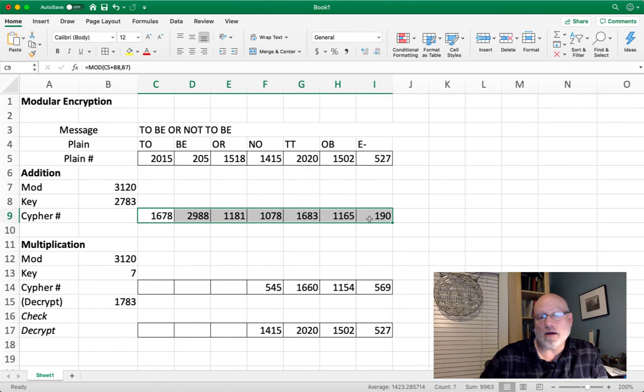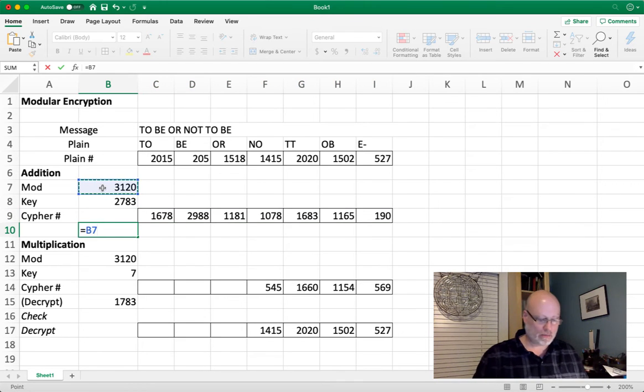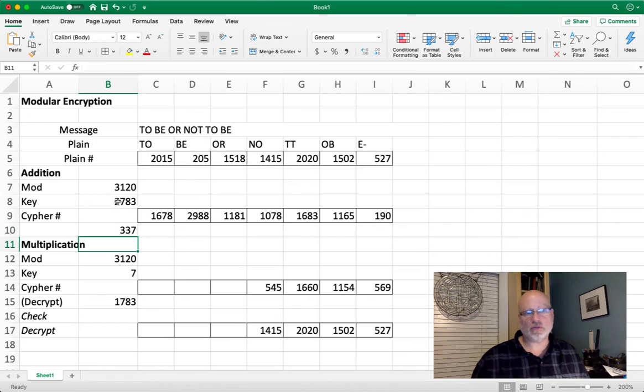Okay? And the way we would decrypt it is we would basically just add the additive inverse. And it's easy to find the additive inverse. It's the mod minus the key. So we can do that really quickly. Mod minus key, so that number is 337.